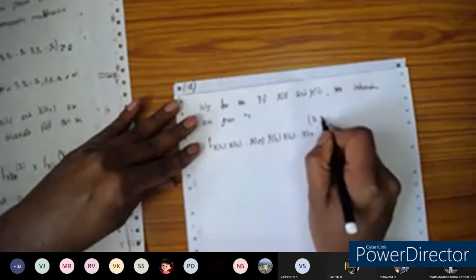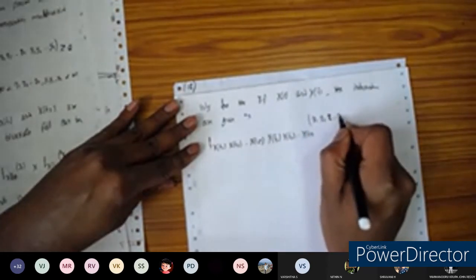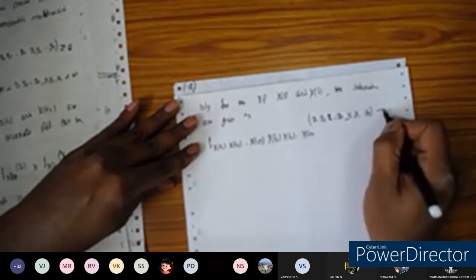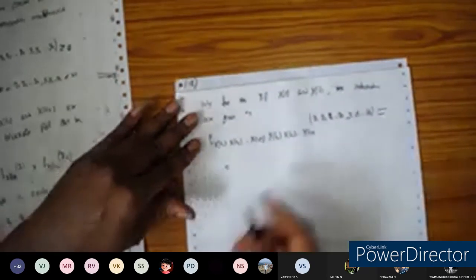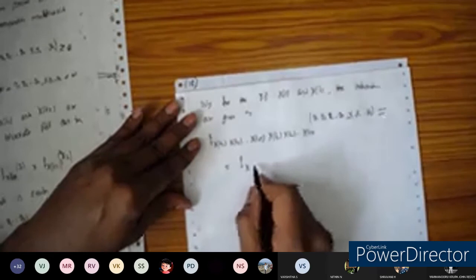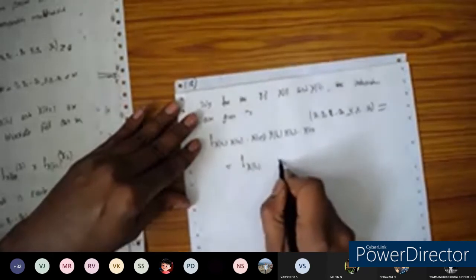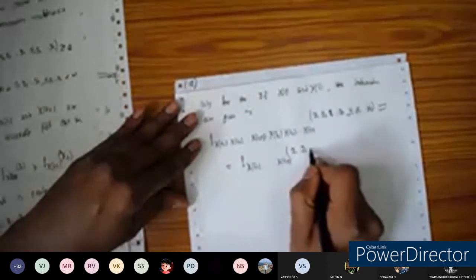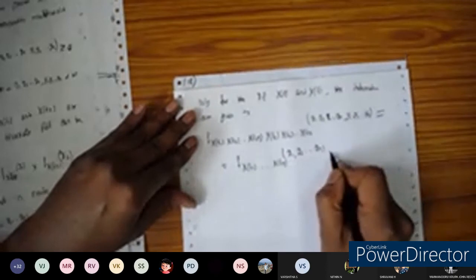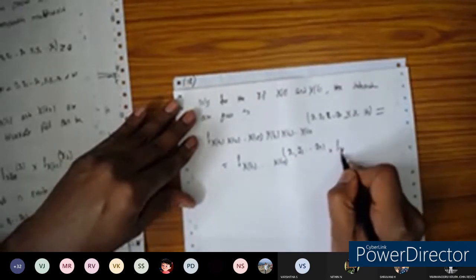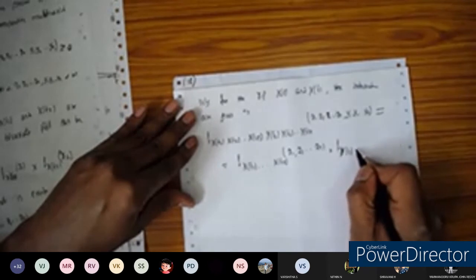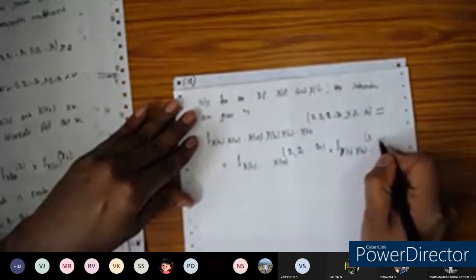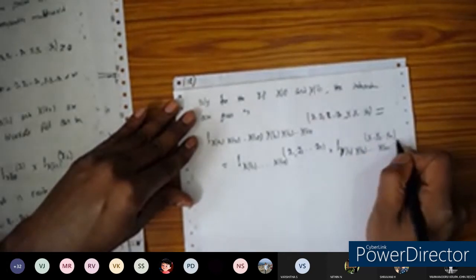So f of x1, x2, and so on up to xn, y1, y2, and so on up to yn, we can write as a product of the individual terms: fX of t1 and so on up to fX of tn, of x1, x2, and so on up to xn, multiplied with fY of t1, y of t2, and so on up to y of tn, which is y1, y2, and so on up to yn.